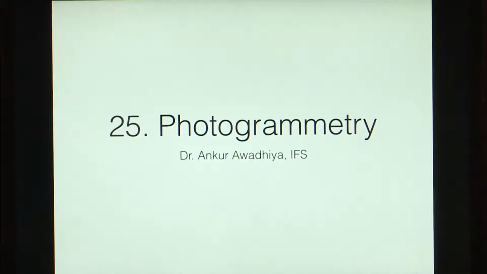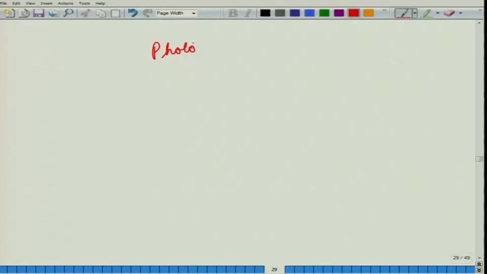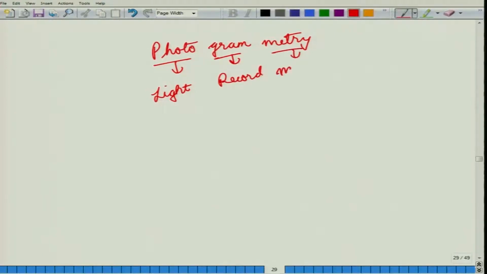Namaste. Today we will have a look at the topic called photogrammetry. So, what is photogrammetry? If we again break it into its word roots, we have photogrammetry. Photo means light, gram is a record, metry is measurement.